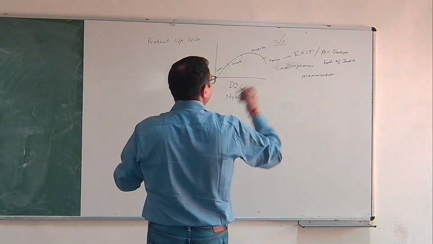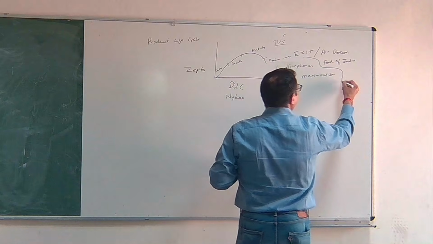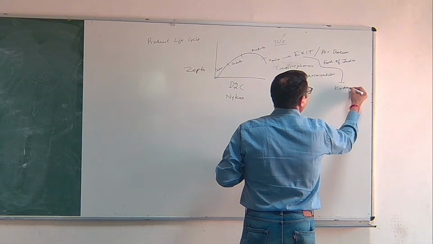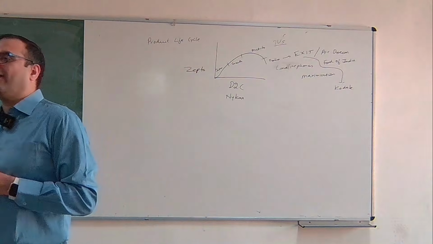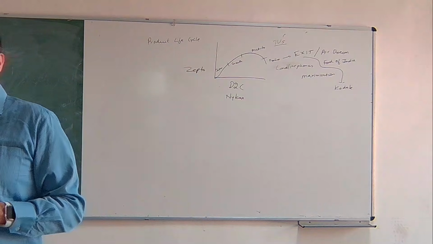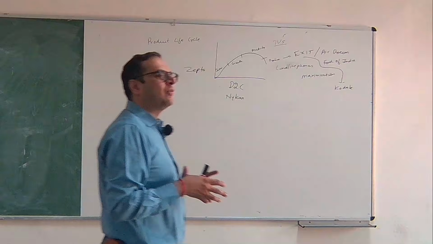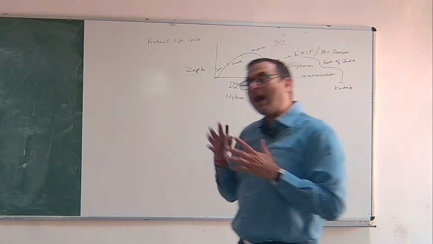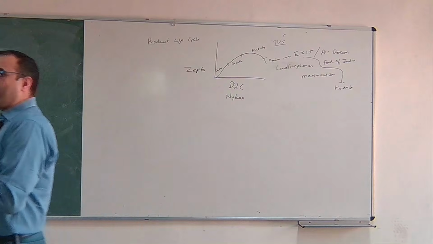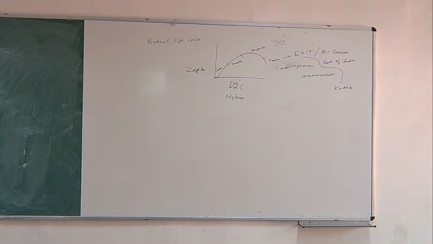And one example here, a company which didn't exit, is Kodak. Kodak kept hammering on the fact that they have film cameras at a time when everybody was moving to the digital space, and they didn't see the writing on the wall. So, in marketing, you have to also realize when is it enough?